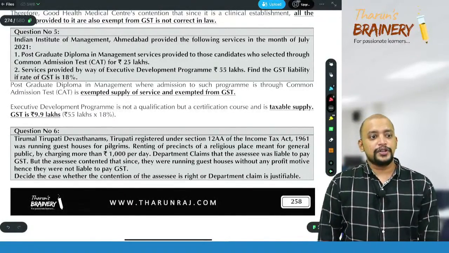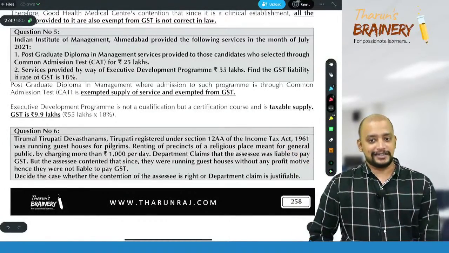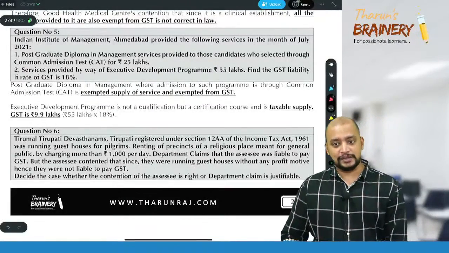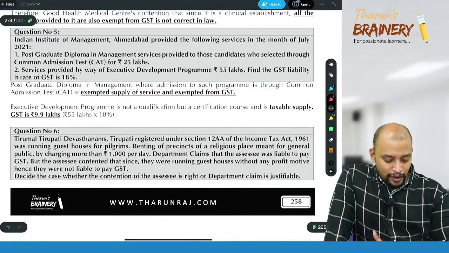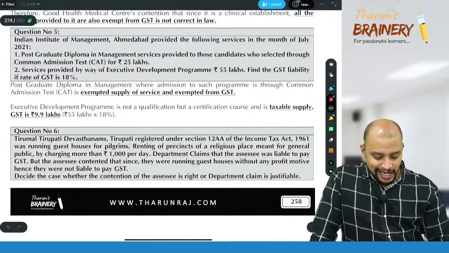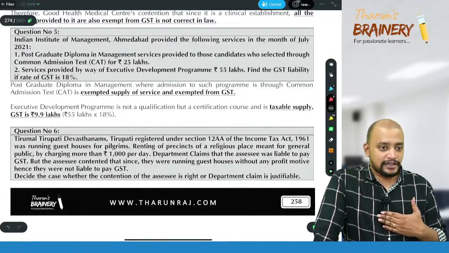Then only it will be taxable. Less than a year, then only that certification course will be taxable. Services provided by way of executive development program, 55 lakhs, find the GST liability if the rate of GST is 18%.